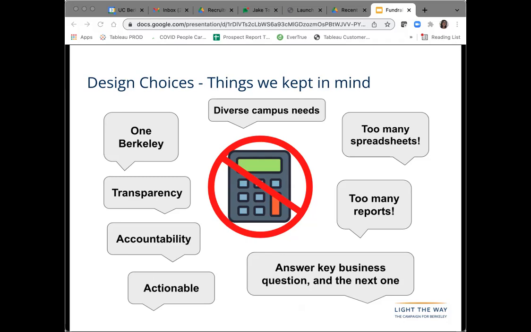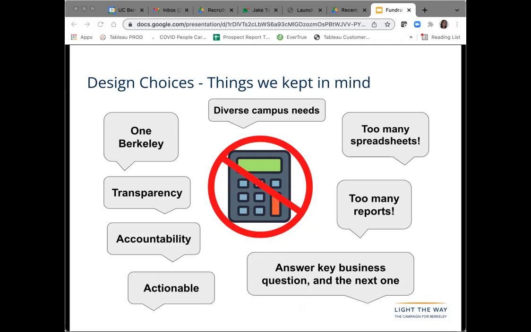And we want these things to help people take action. That's where the data-driven side of things happens. So we're always keeping those things in the back of our mind. But in addition to that, campus has diverse needs. You have big units and super successful fundraising units like engineering and the business school and L&S.